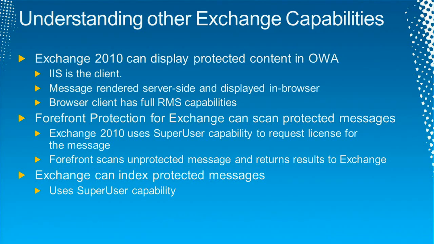Everything is rendered server-side on behalf of the user and then displayed on the client with their correct usage restrictions applied. However, there are concerns that a web browser may allow users to circumvent usage restrictions. There is a policy within Exchange to disable access via OWA, so you can specify that only Outlook can open such messages.